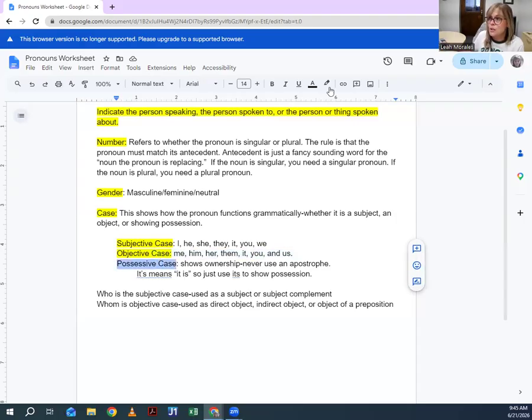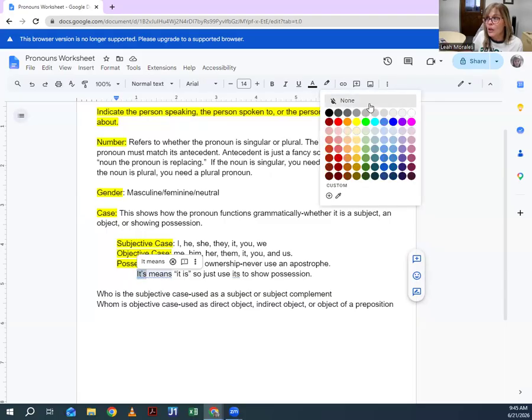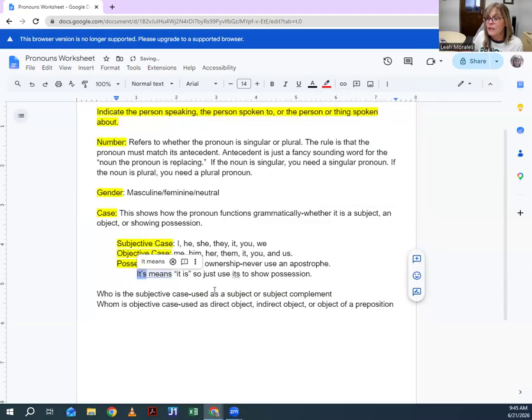Possessive case shows ownership, but here's the difference with pronouns. With pronouns, you never use an apostrophe. Pronouns with apostrophes are actually contractions that represent two words. For example, it's, it apostrophe s, does not mean belonging to it.